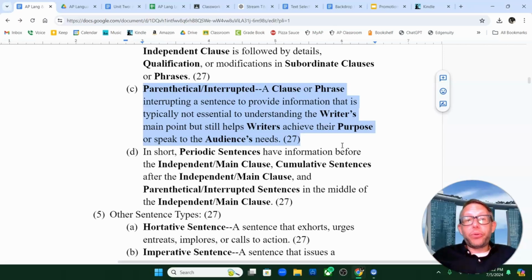So it's very possible that you could, in writing a parenthetical or interrupted sentence, well, let's put it this way. Write a main independent clause, and then go back in there and between the subject and the verb, add some additional information, possibly in between commas, that helps us to understand what that main independent clause is talking about. That's what we do with a parenthetical or interrupted sentence.